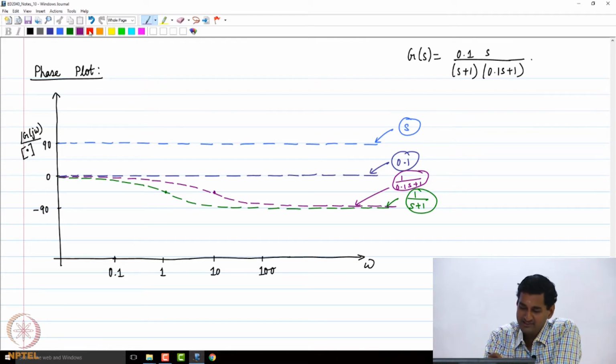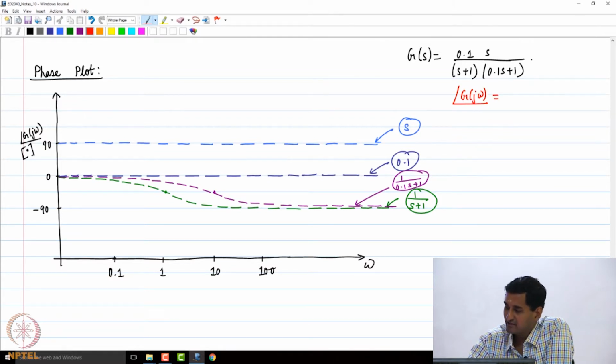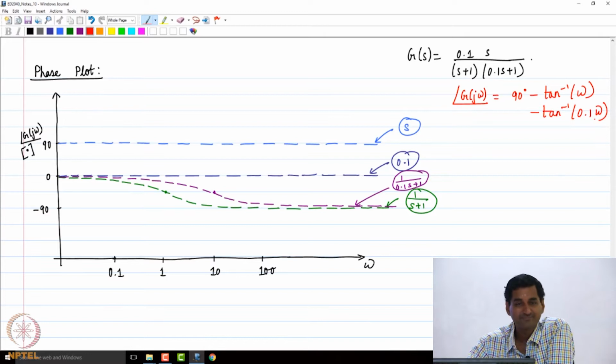So if you look at the phase of G(j omega), essentially the formula for this is going to be 90 degrees, because that is what s will give me, minus tan inverse omega, that is what will be the phase of 1 by (j omega plus 1), and minus tan inverse of 0.1 omega, because that is going to be the phase contribution of 1 divided by (0.1 j omega plus 1), right.